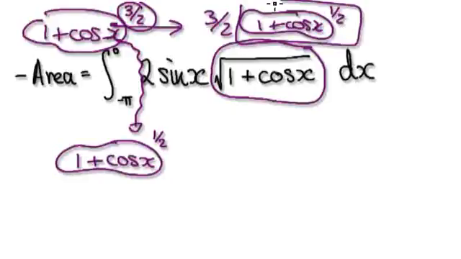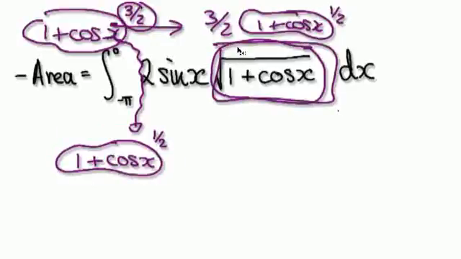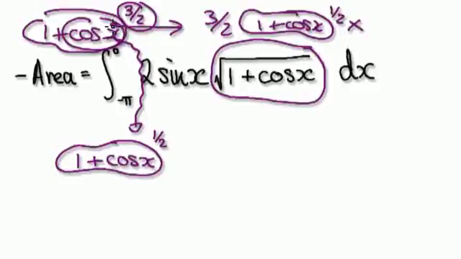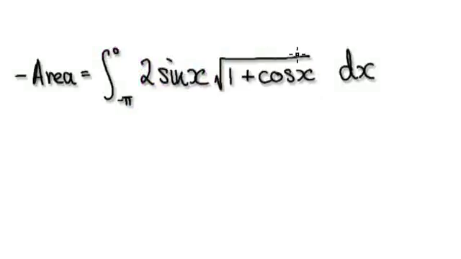You notice that this bit here matches up with what we've got currently, and then we've got to times it with the derivative of the bubble. The derivative of the bubble is minus sine of x. You see this minus sign here will match up with this sign here. So if you want to integrate this, visualize this as being one bubble here.